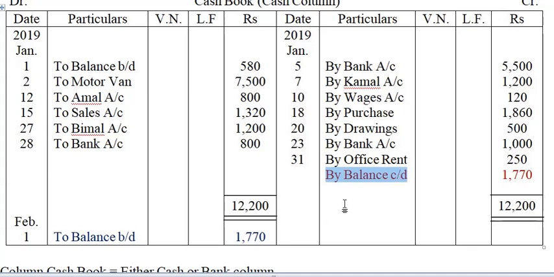Since we already know the total of the debit column, now you do the casting and find the total of the credit side. You will find that it is less than 12,200. Subtract that amount and you will find 1,770 as your balance.